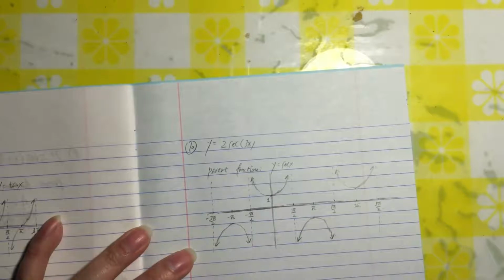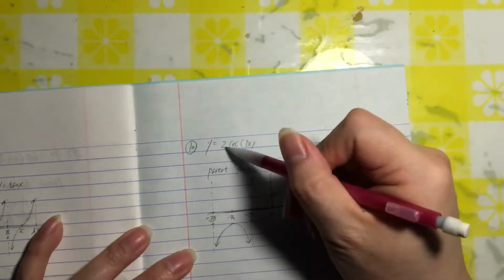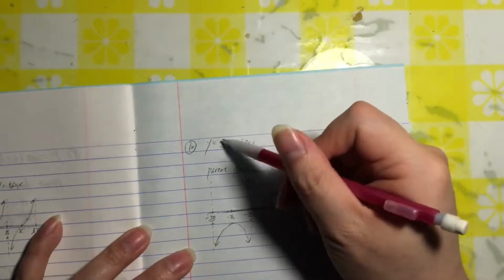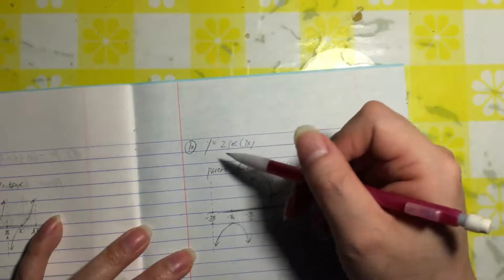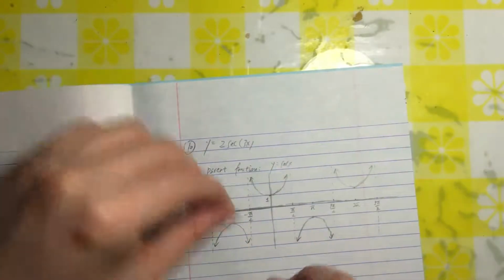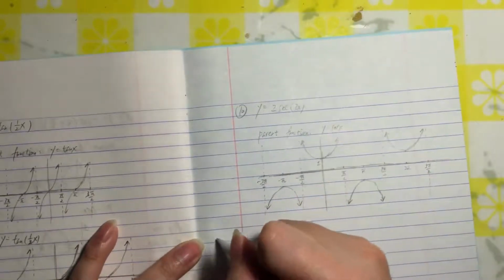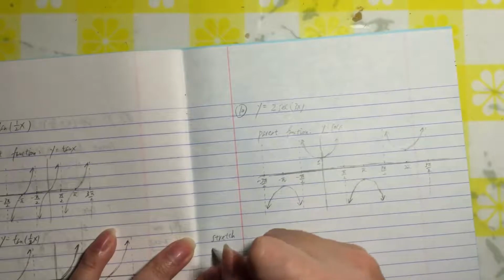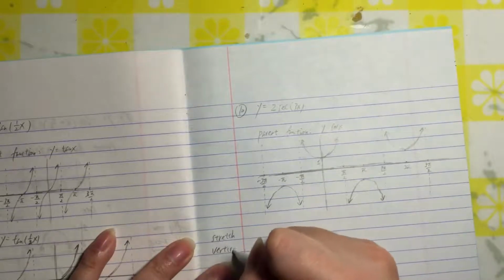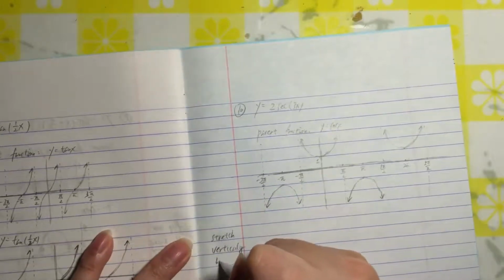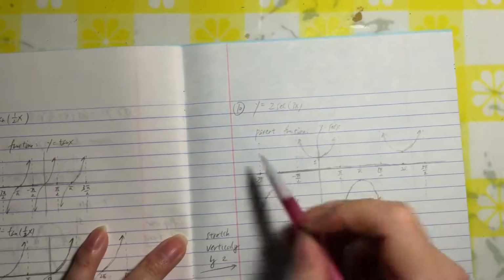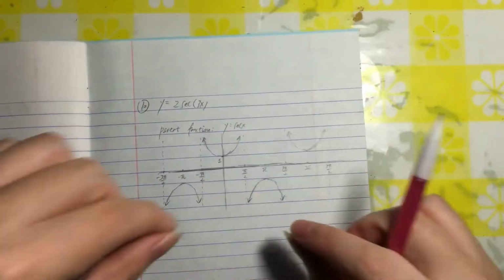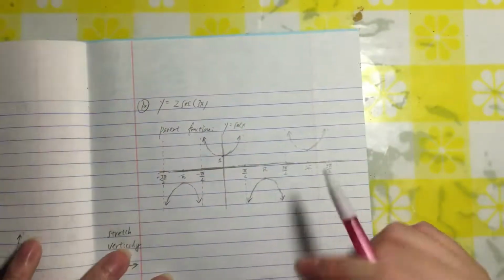Next, if I multiply the function by 2, I stretch the graph vertically by a factor of 2.